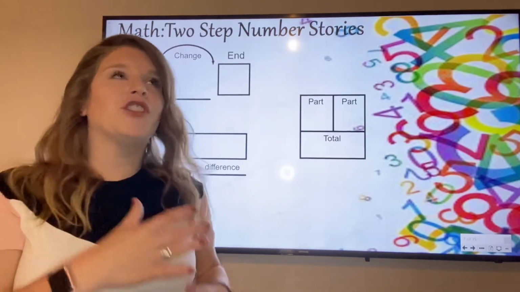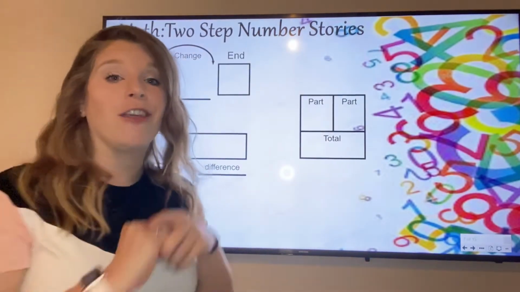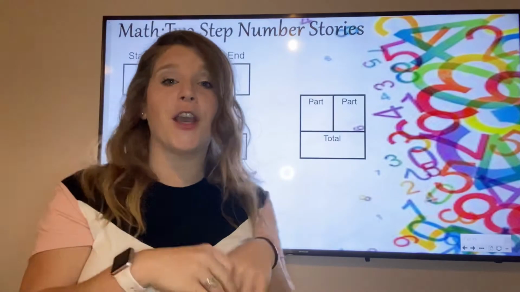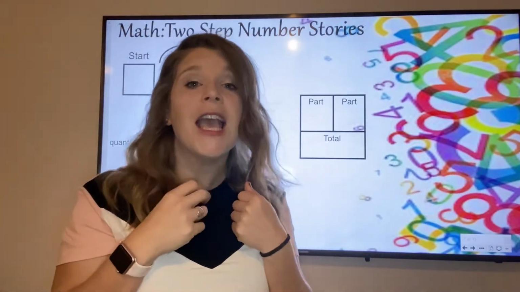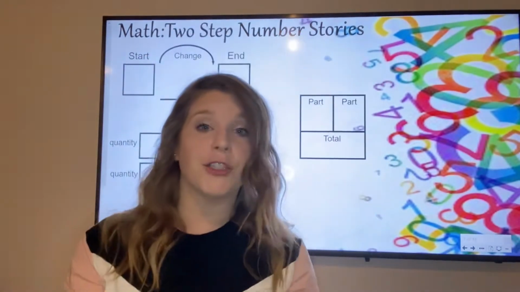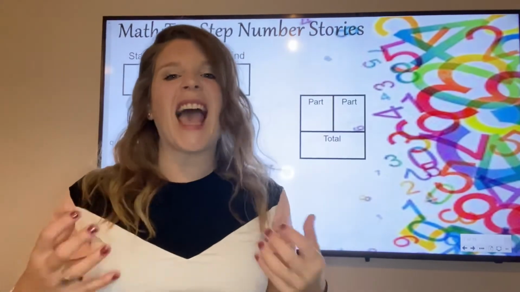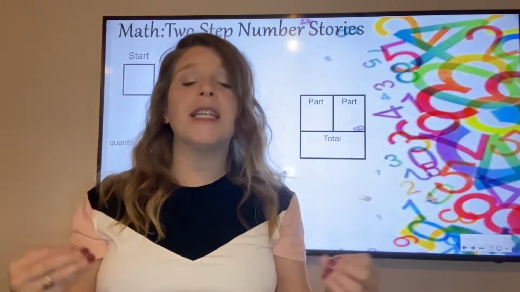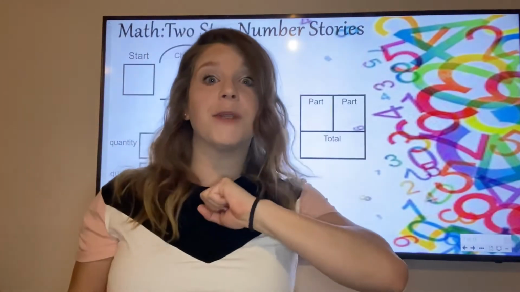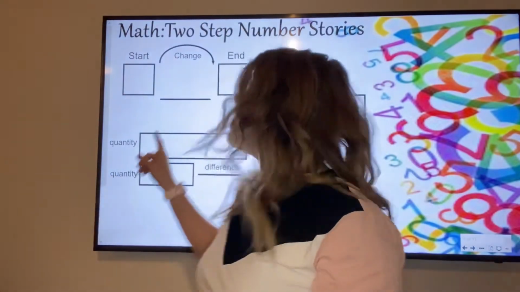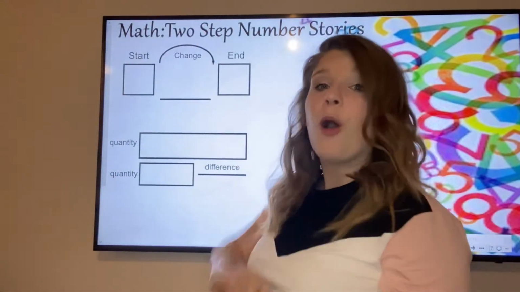So some examples of change might be if I throw something away, or if I go to the store and buy something, if the temperature goes up, if the temperature goes down, anything that's actually changing. You can read the problem and go, oh, this is what changed. Then you want to use this diagram, okay?